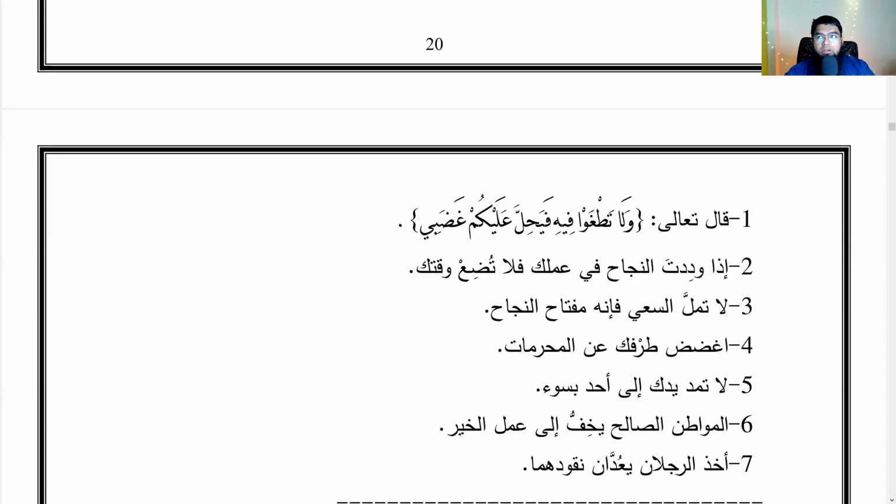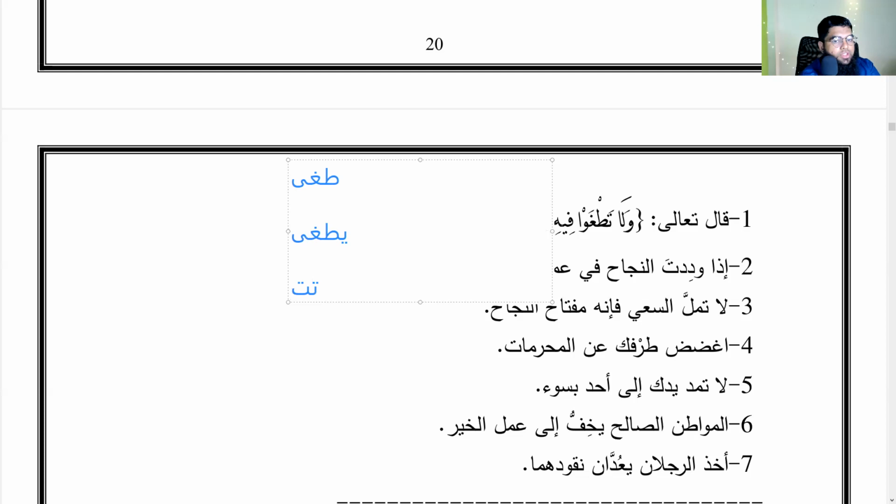When you're doing tagha, yatgha: huwa yatgha, anta tatgha, and then antum tatghaw. If you want, I can write. Tagha is ta, ghain, and ya, which is written as alif, and then it becomes yatgha. When you say antum, it will become tatgha with a ta.